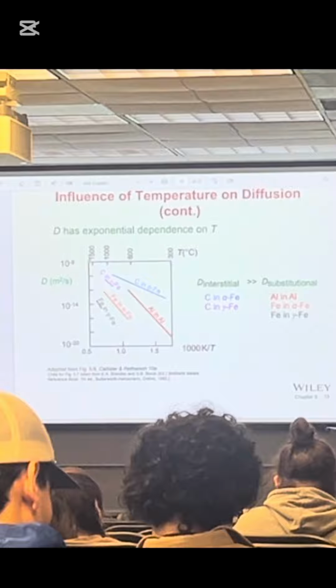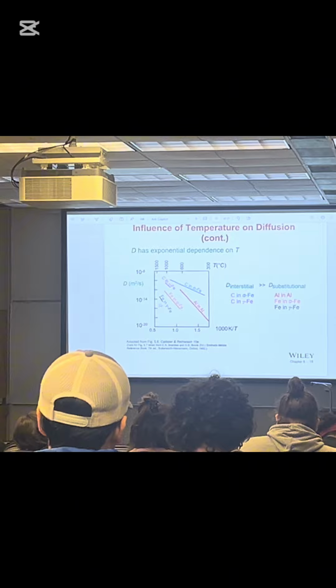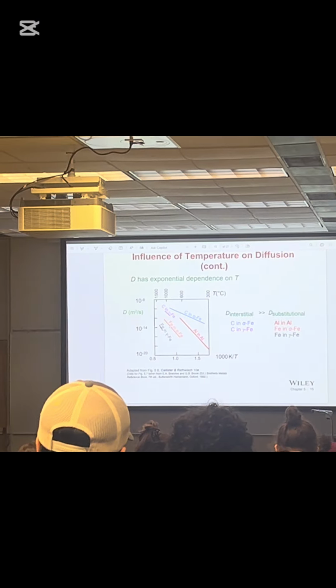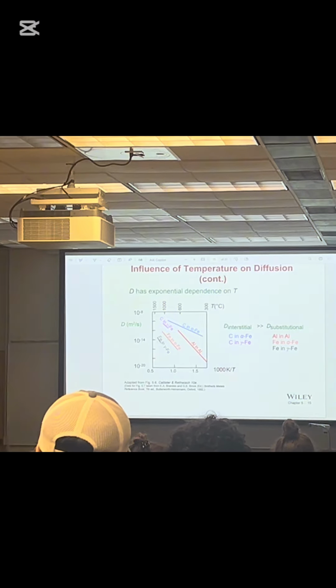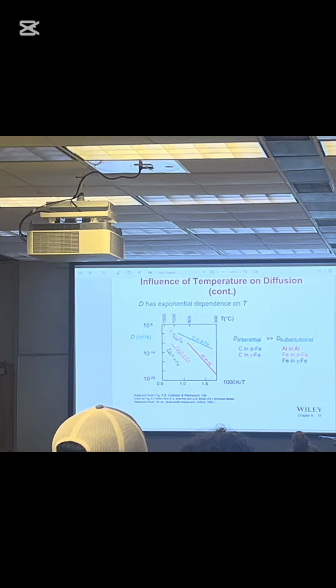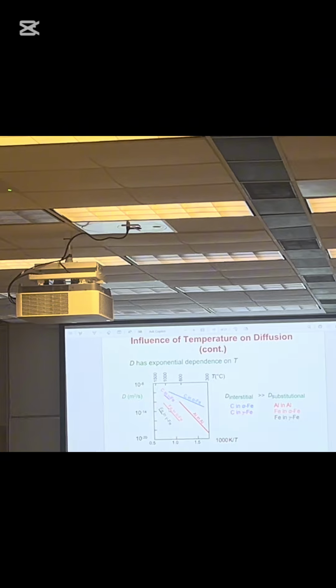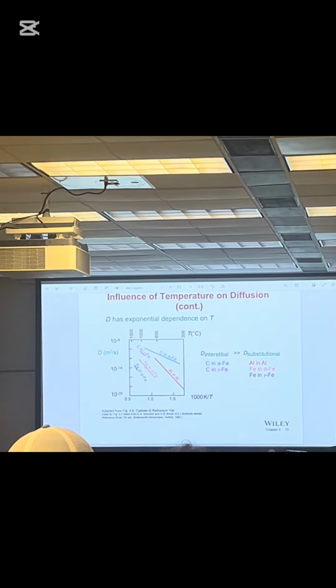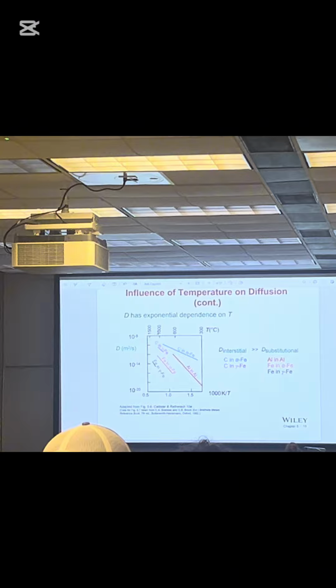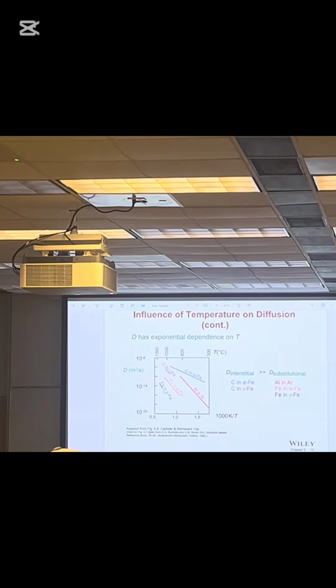This is iron in gamma iron. This is iron in alpha iron. What can you say is the difference between these two data sets? One's at a higher temperature. Why is that?